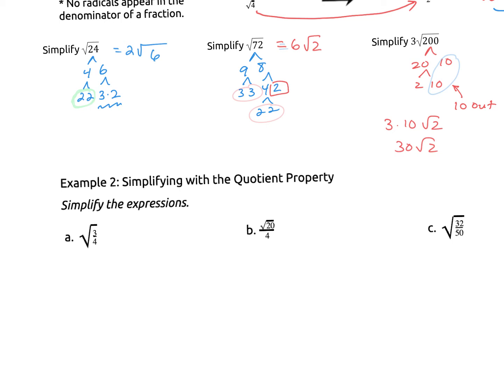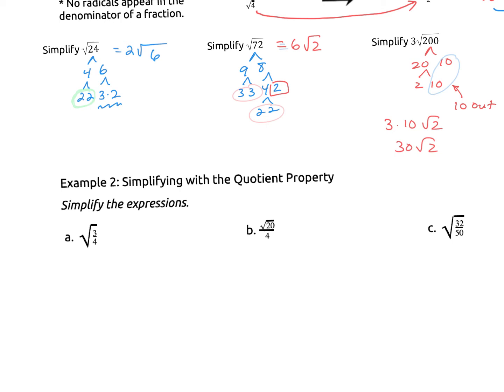Okay, in the next section, you're going to take care of your square roots. The first thing I always look for is if the fraction is completely under the square root, I look to see if I can reduce the fraction. But I can't reduce 3/4.